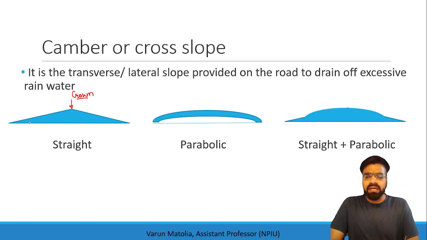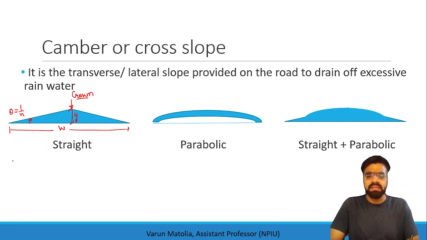The slope provided can be expressed in terms of theta or in terms of 1 by n. Here, the width of the road can be taken as w. This is y, the height of crown, or we can take y with respect to w.